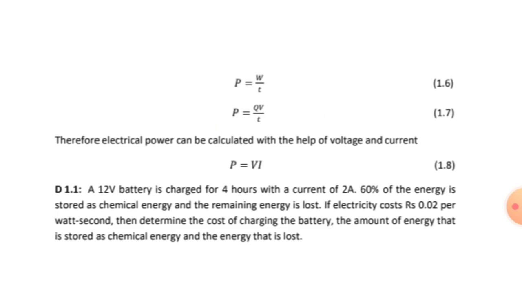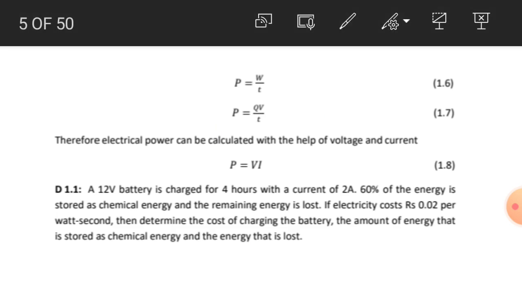Now let us define electrical power. Electrical power is represented by P. If the electrical power is constant with respect to time, it will be represented by capital P. If the magnitude of this power is varying with time, then it will be represented by small p. And what is electrical power?